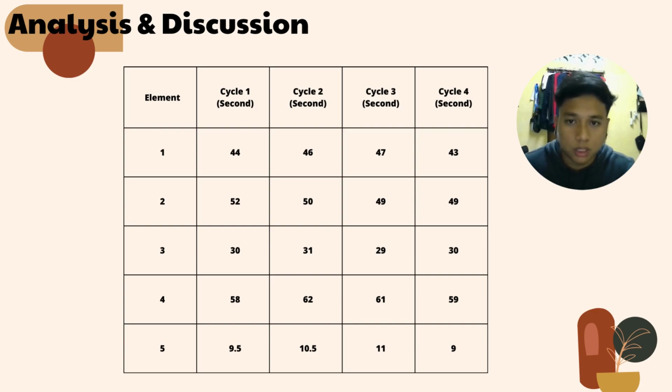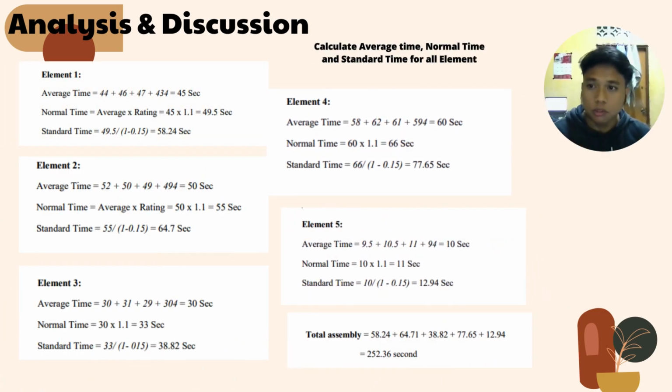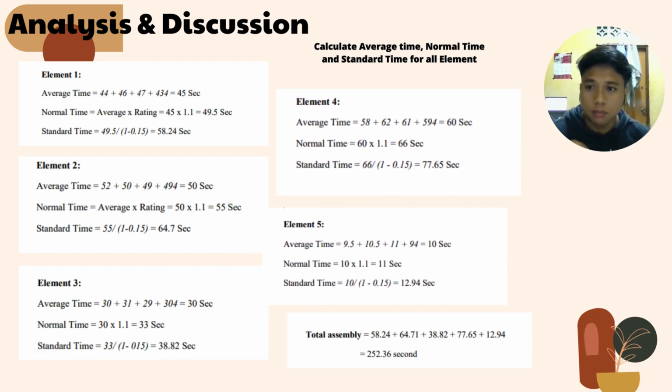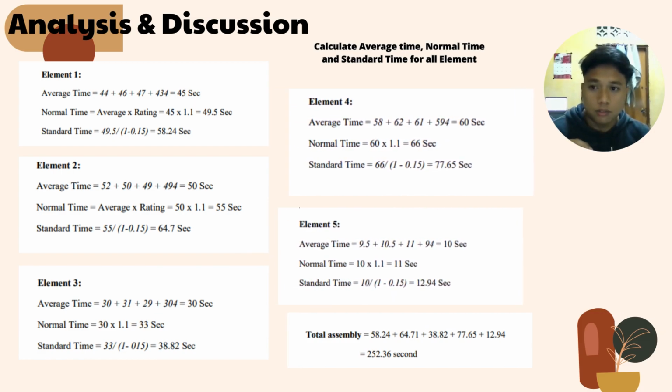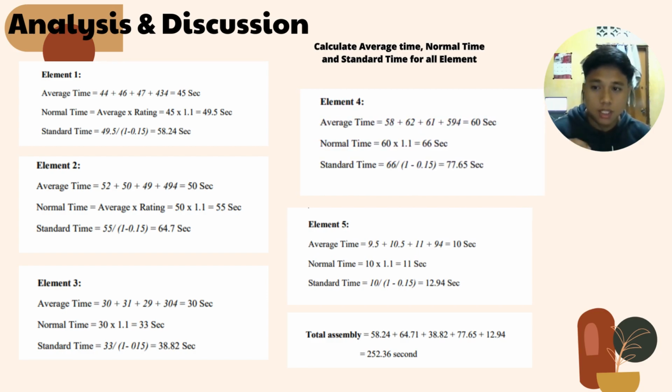This table shows the data that has been collected, which has 5 elements, and every cycle time is taken 4 times. For the 5 elements, the process involves recording and breaking down the entire method description, converting observed time into standard time, determining allowance, and ultimately establishing the standard time for the operation system.